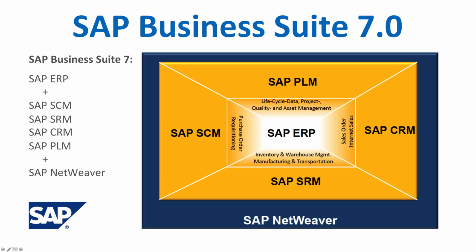Business Suite had ERP, the central component, ERP ECC 6. And then on top of that, you have supply chain management, supplier relationship management, customer relationship management, and product lifecycle management, all running in SAP NetWeaver.